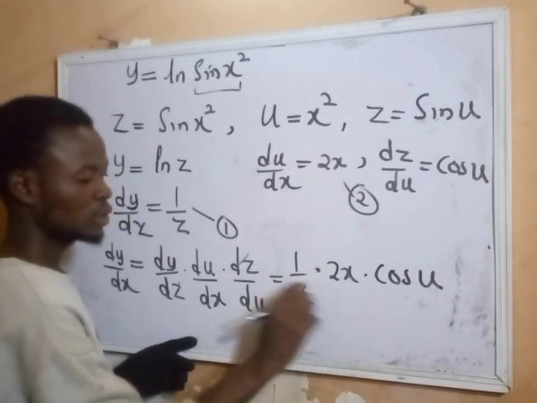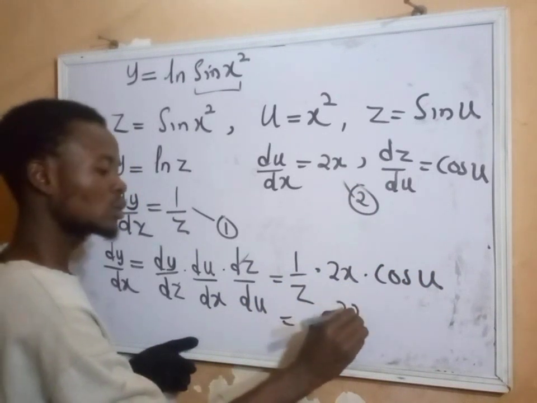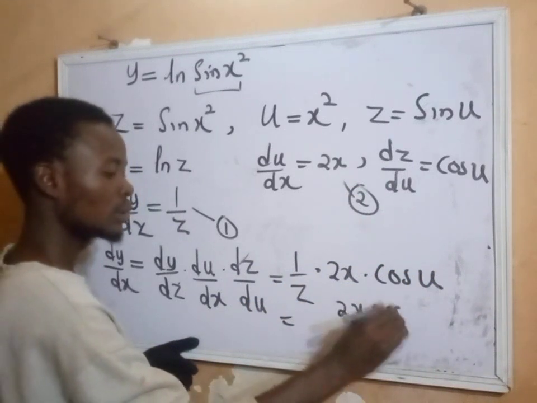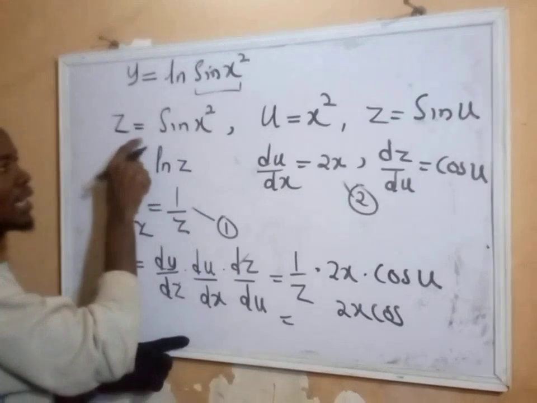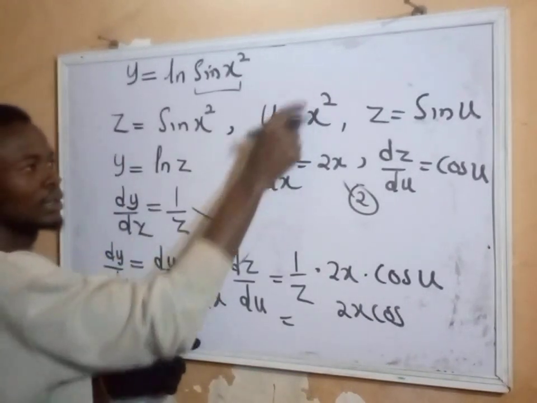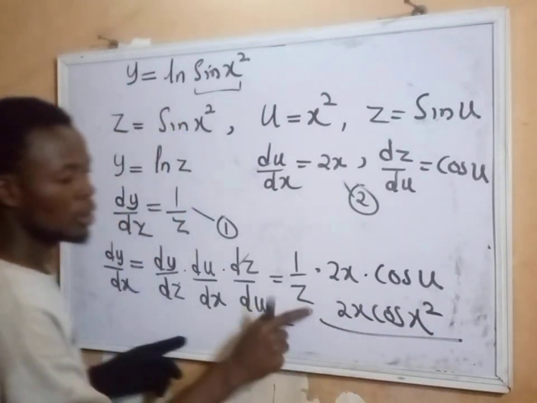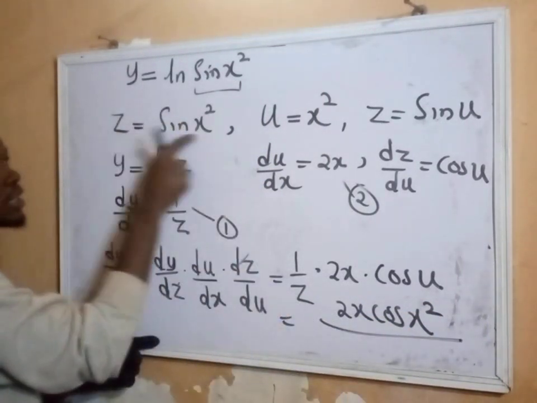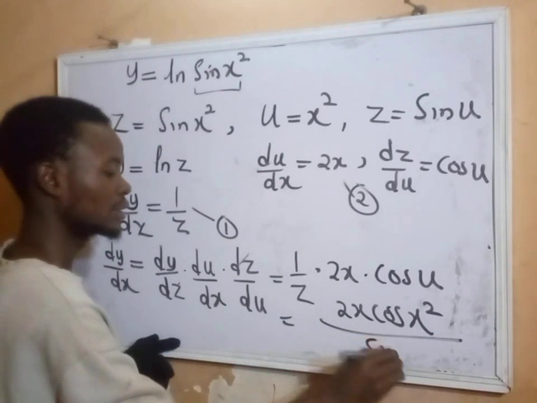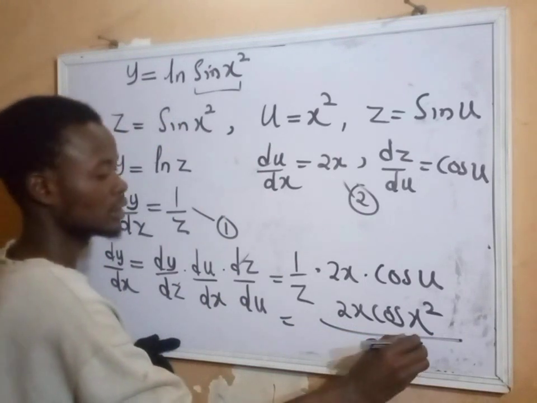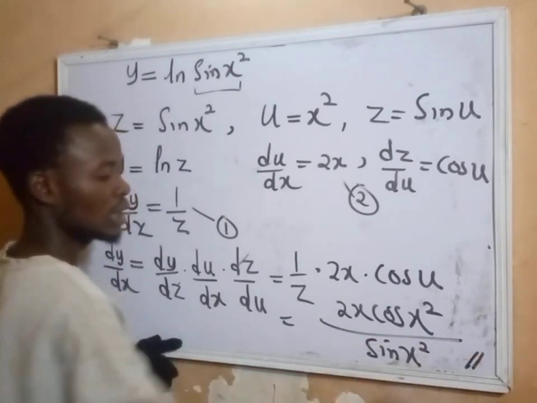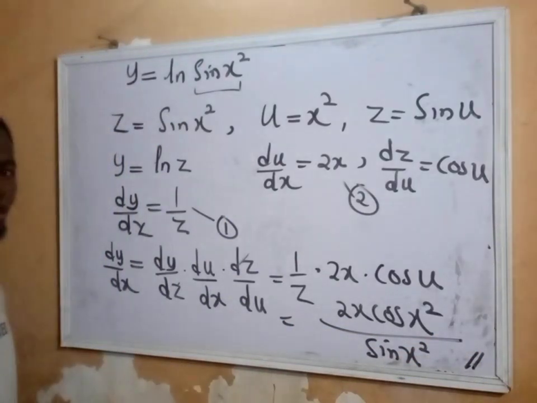Alright, since this is done already, we have 2x cos of u, which we let be x squared, divided by z. What is z? z equals to sine x raised to power of 2, which is the required solution.